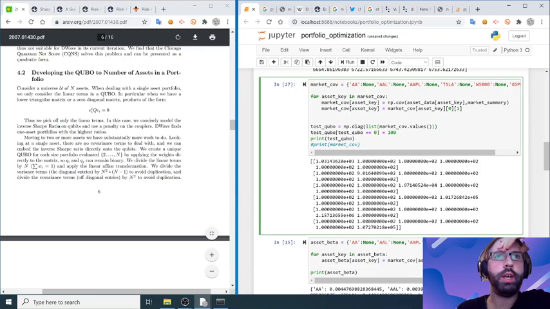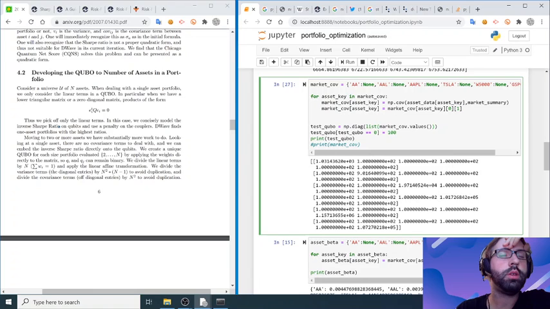No, they divide the linear terms. What do they do? So pick the linear terms. In this case, we consistently model the inverse Sharpe ratio and qubits and use the penalty and the complex difference.